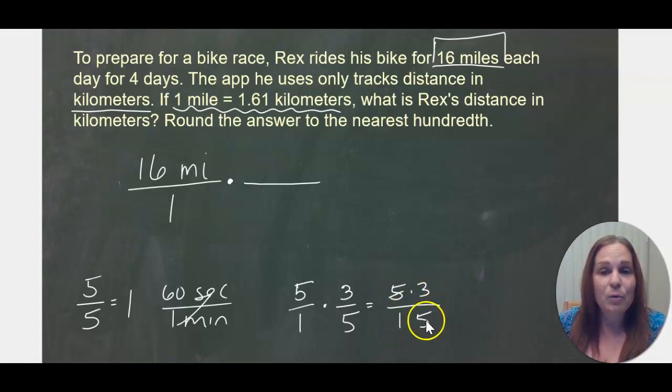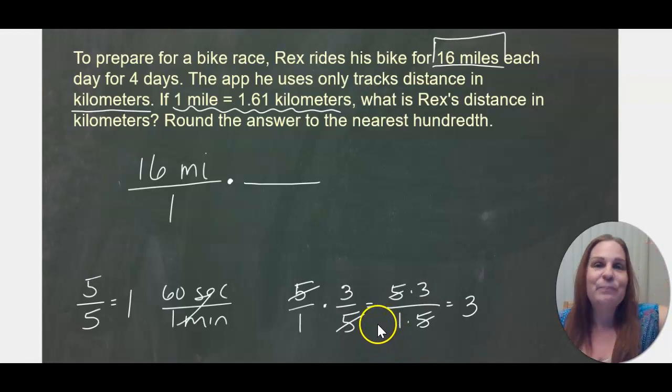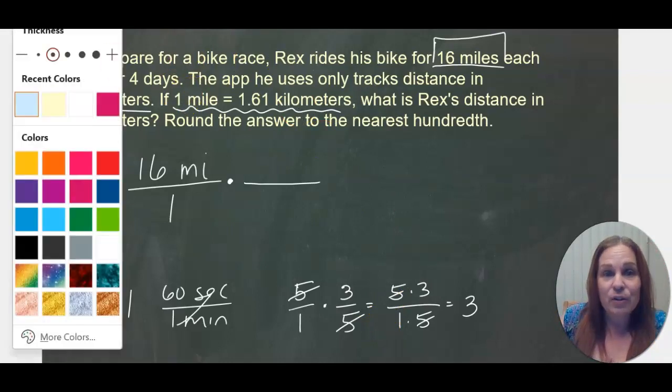But 5 over 5 equals 1, and I would just get 3. So just the same way that these 5s cancel, our units are going to cancel. But the only way you can get them to cancel is if there's 1 on the top and 1 on the bottom.